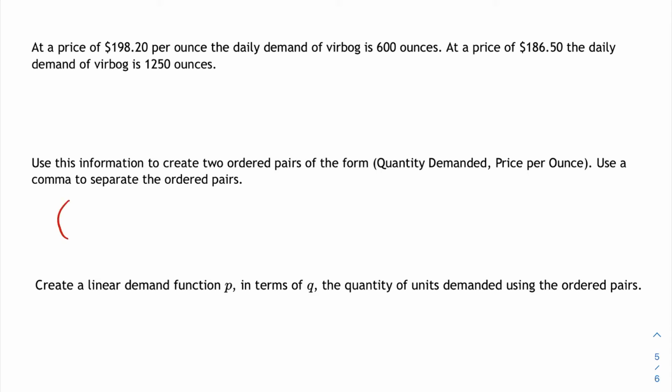All right. So one of my ordered pairs is this 198.20 for 600 ounces. So 600 is the quantity that was demanded, 198.20 is the price, comma.